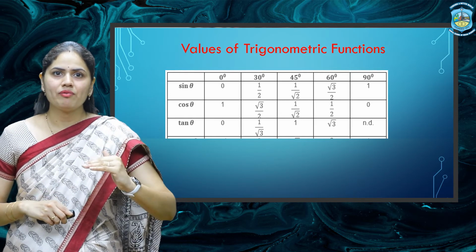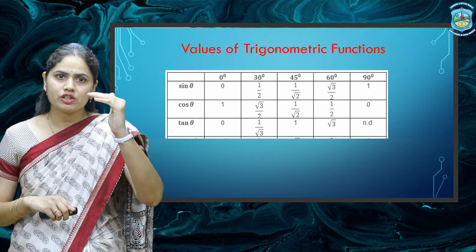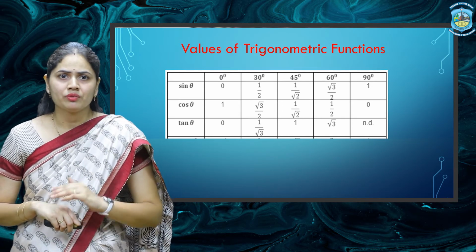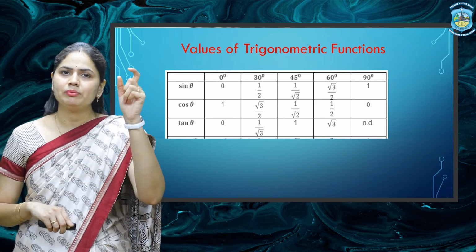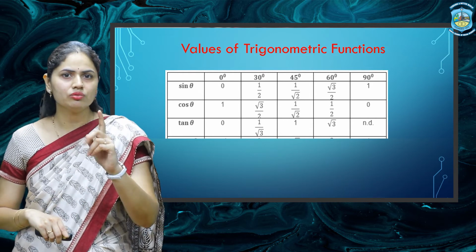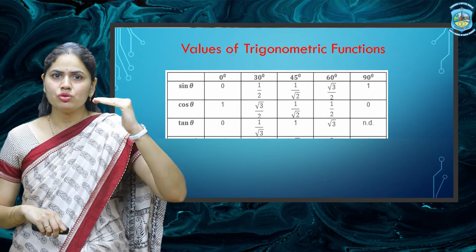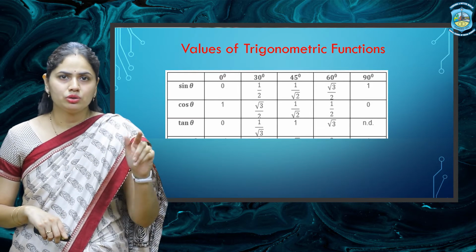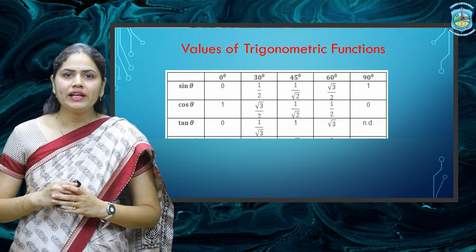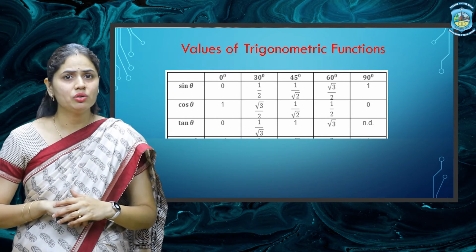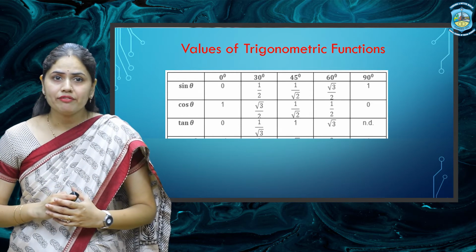Then 1 by 2 divided by root 3 by 2: 2 and 2 cancel, it will be 1 by root 3. 1 by root 2 divided by 1 by root 2, the root 2 cancels again, so you will get 1. Then tan 60 degree is root 3 by 2 upon 1 by 2: 2 and 2 cancel, so it will be root 3. And for 90 degree, 1 divided by 0 is infinity, so the value is not defined.